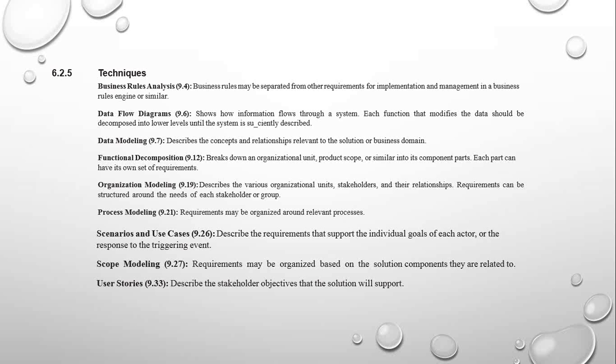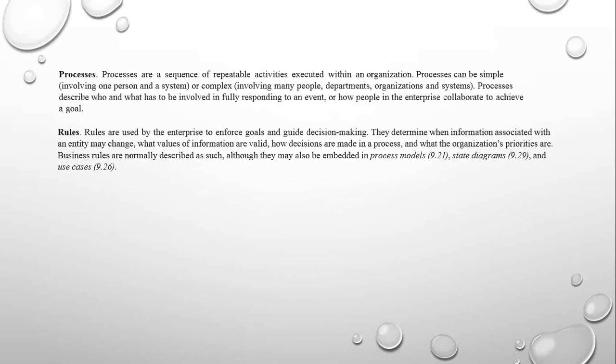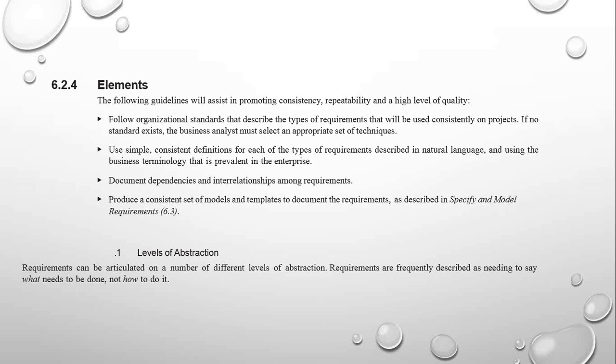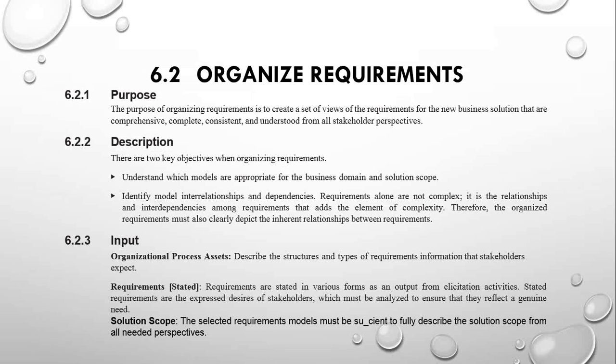So what phase is it? Tell me. What phase is it? We are organizing the requirement. When you are doing it, there is no hard and fast rule book that this is number 1, this is number 2.